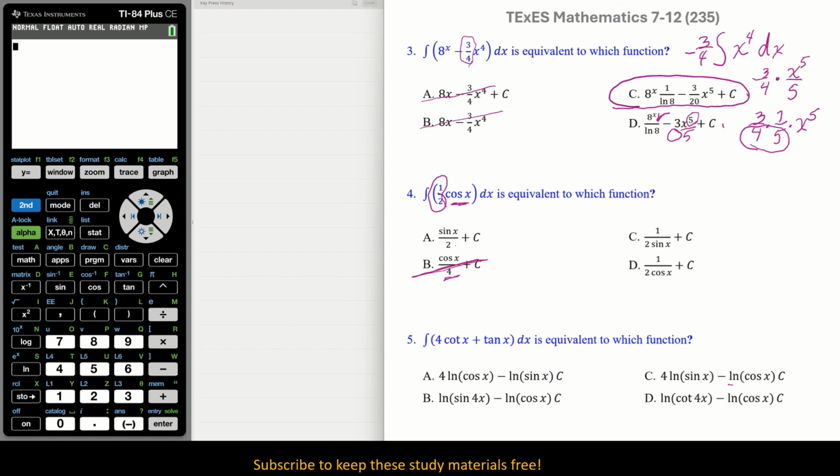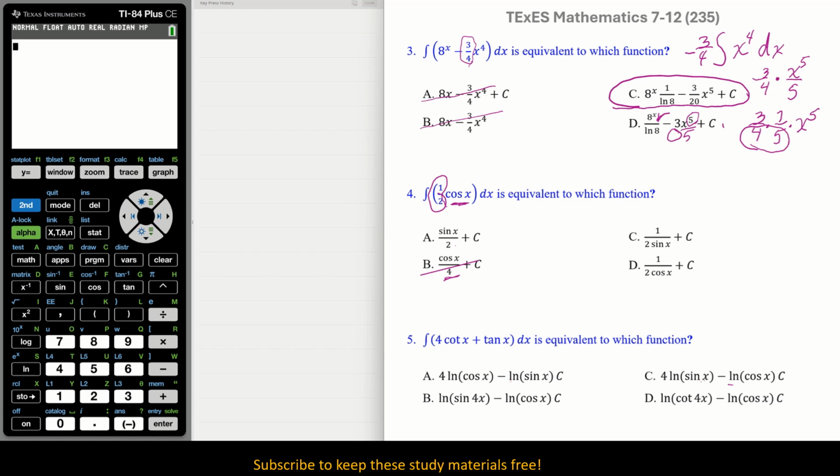So B can't work. Now, I do agree with A because we know that when we integrate cosine x, we do get sine x. And if we put them together, that looks correct.